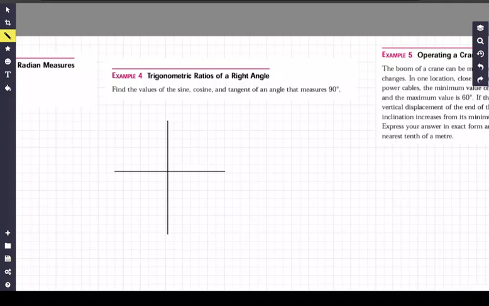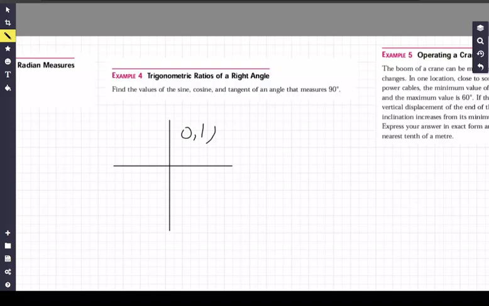We can't actually draw any triangles since there is no triangle. This is our terminal arm, and this is the triangle, unfortunately. So the only point we have is 0, 1.